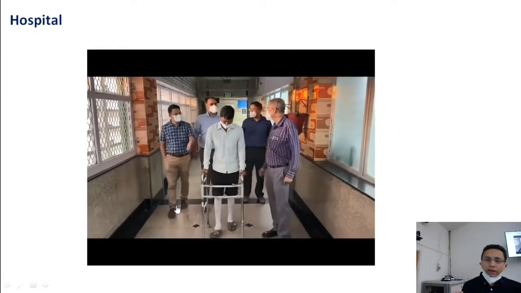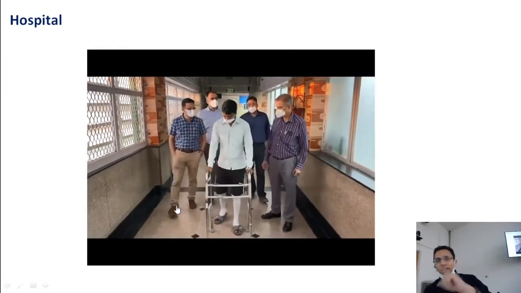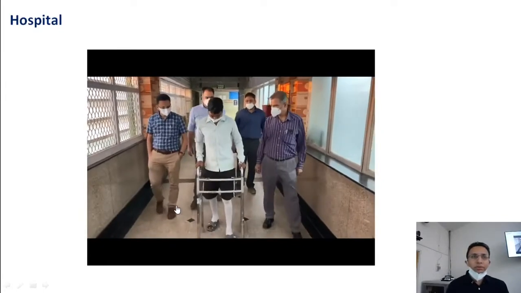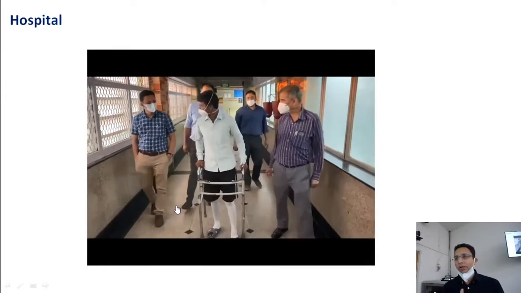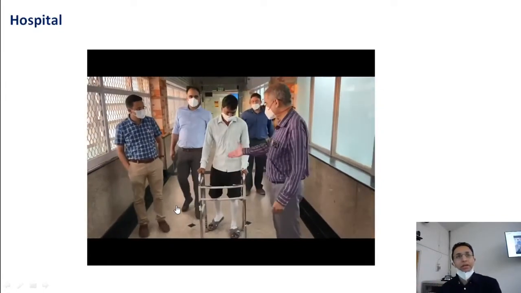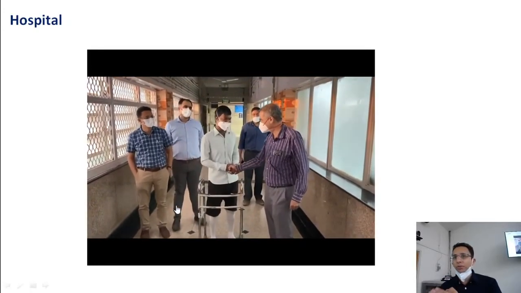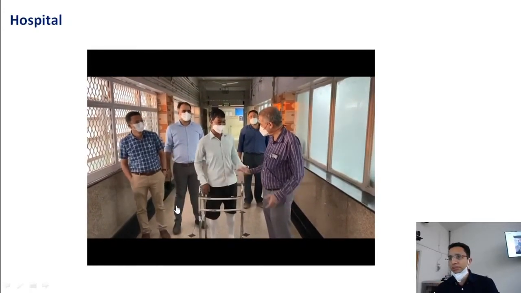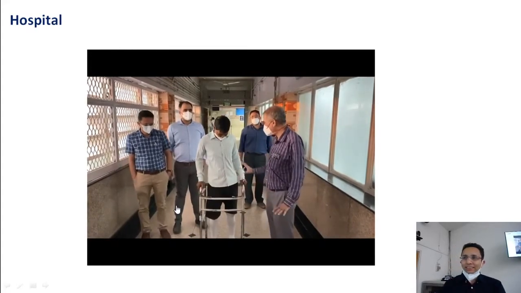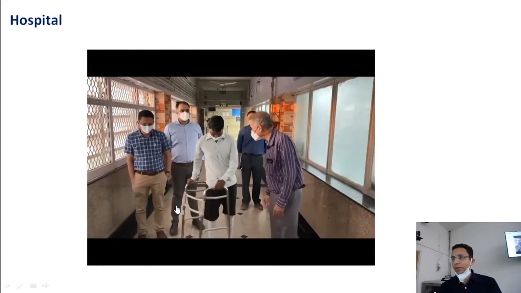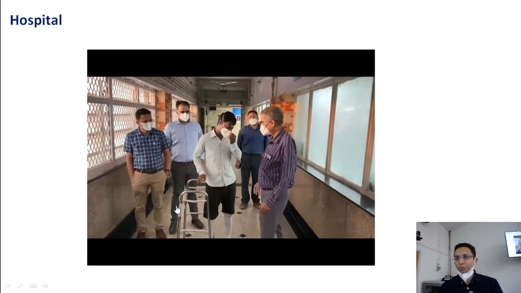I would just like to mention one thing. He had already undergone a right total hip arthroplasty elsewhere, where something went wrong during the surgery, the femur was plated, and he was not allowed to bear weight on the same limb for 4 months. Now today, he is able to bear weight, he is walking, he is pain-free.